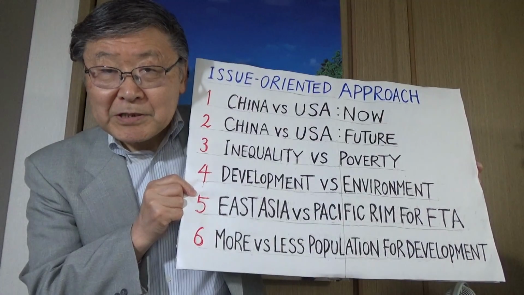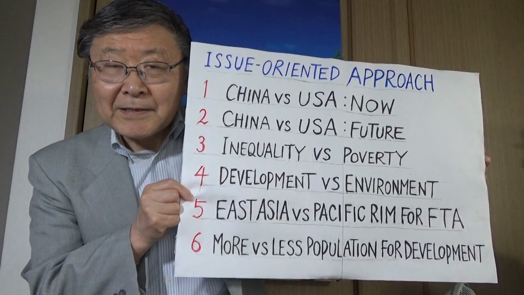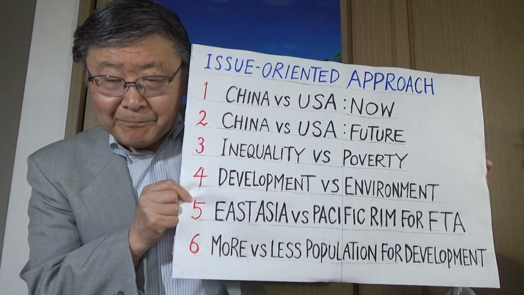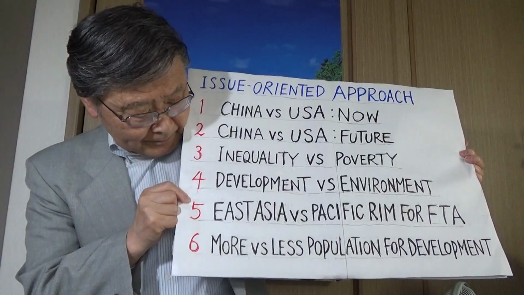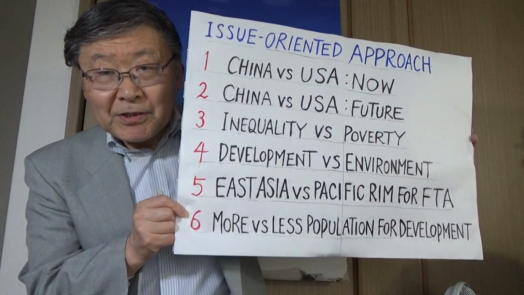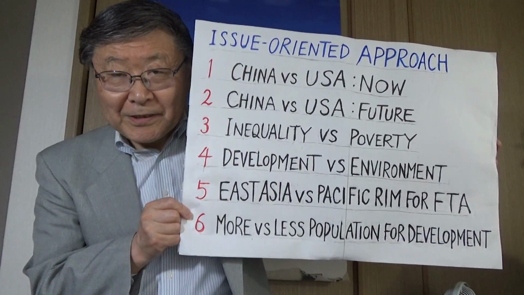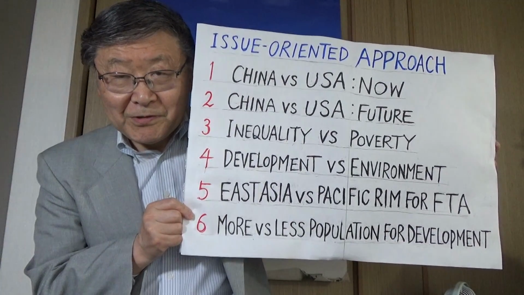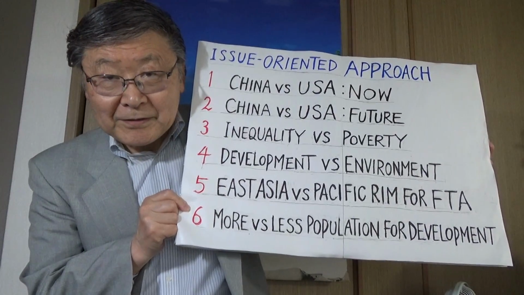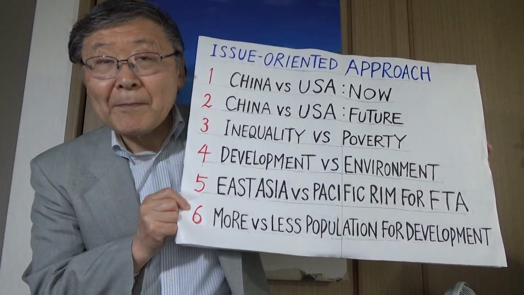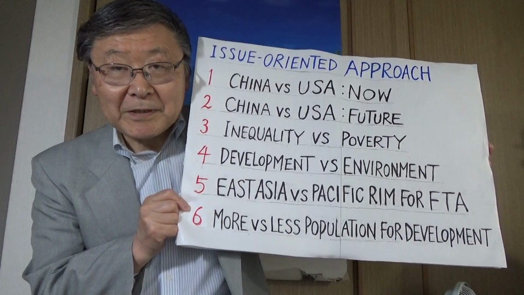On the other hand, Pacific Rim Free Trade Agreement is well known as the TPP, Trans-Pacific Partnership. The last issue is a very old and traditional issue, still a current issue, population versus development. Is it good to have more population or less population for further economic development?